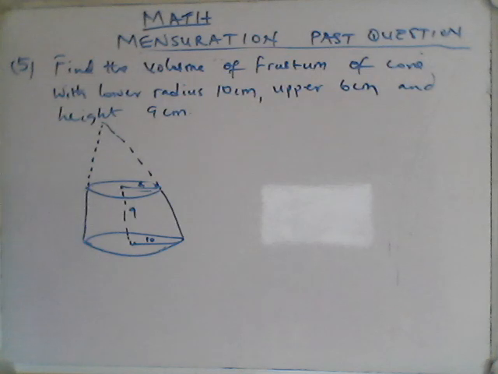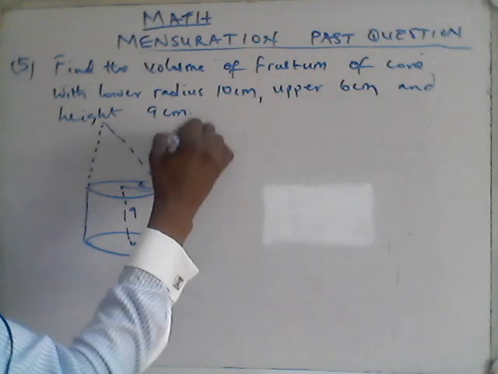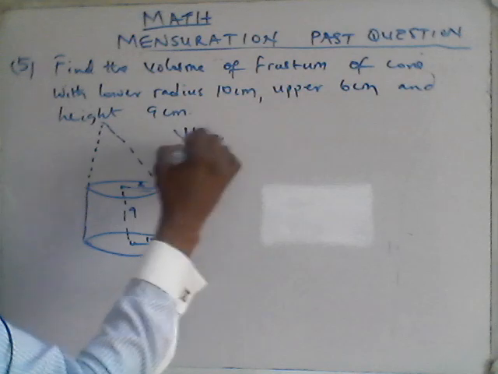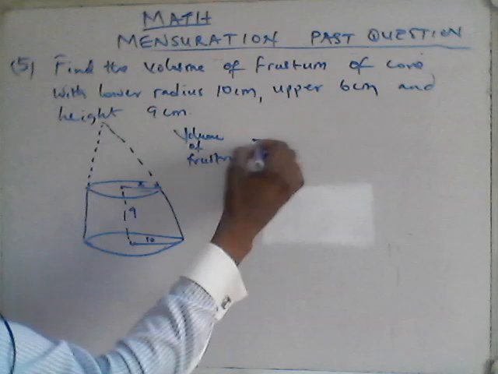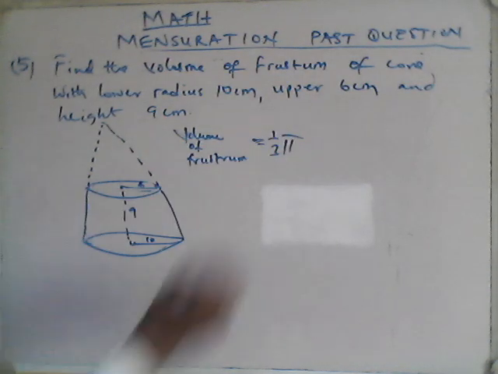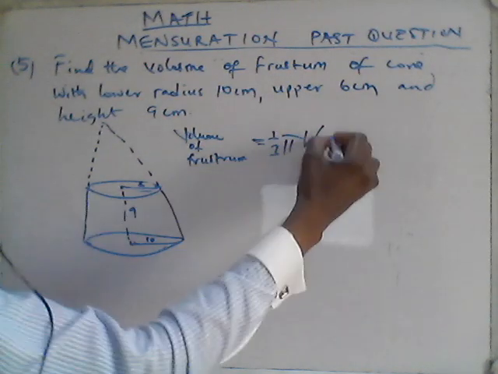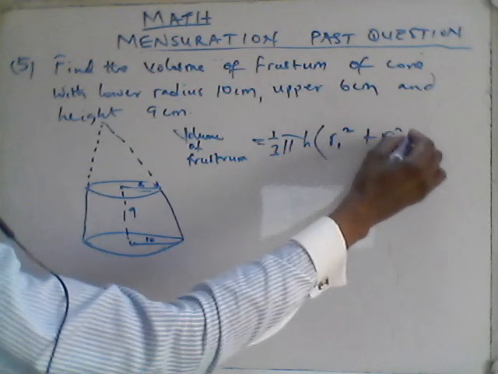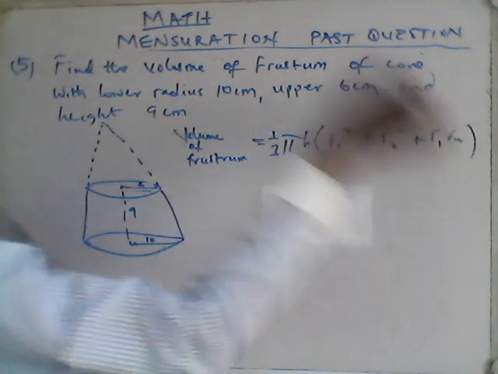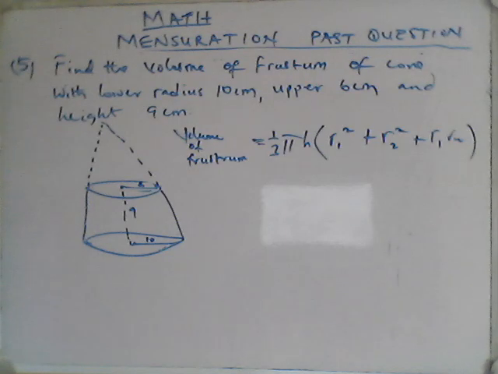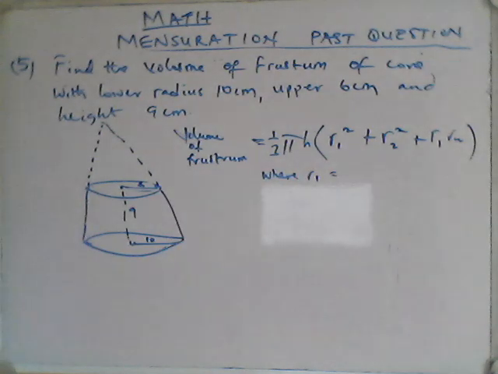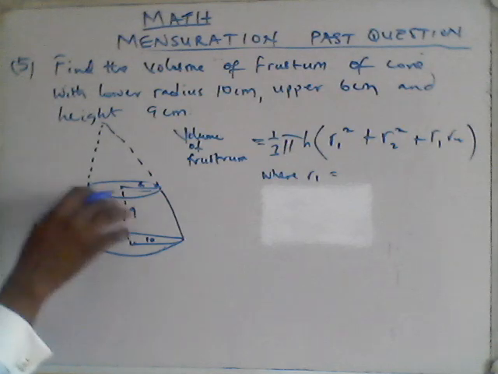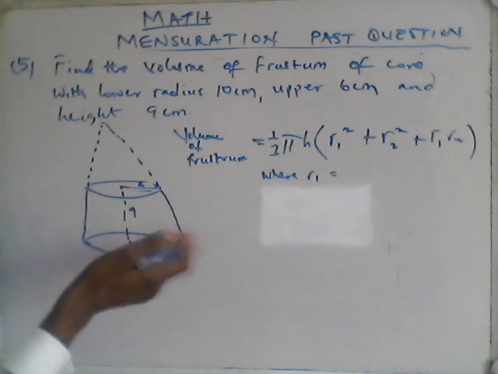I'm going to use the direct method, where the formula is V, volume of the frustum, is equal to 1/3 pi h, open bracket, R1 square plus R2 square plus R1 R2, close brackets. I will define R1 as the radius of the lower circle, the larger circle. You can choose either, but just know what you are doing.